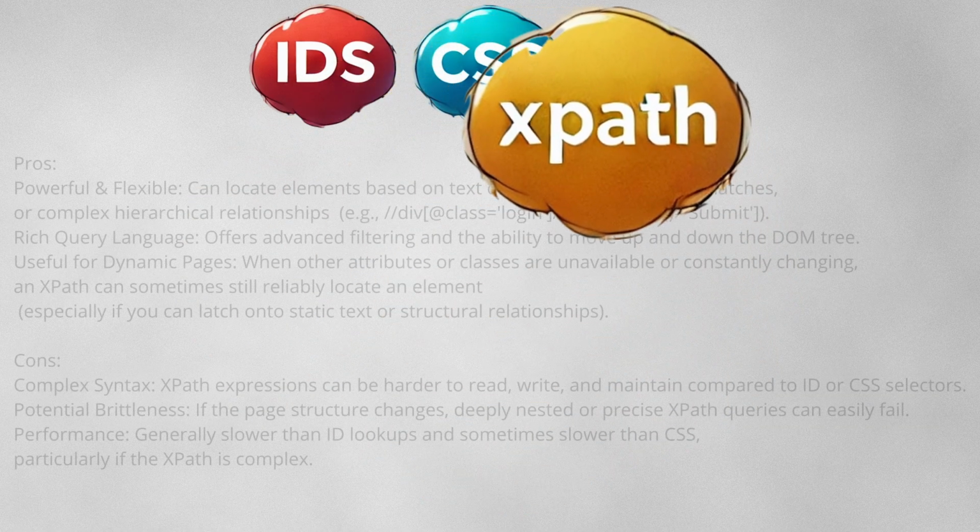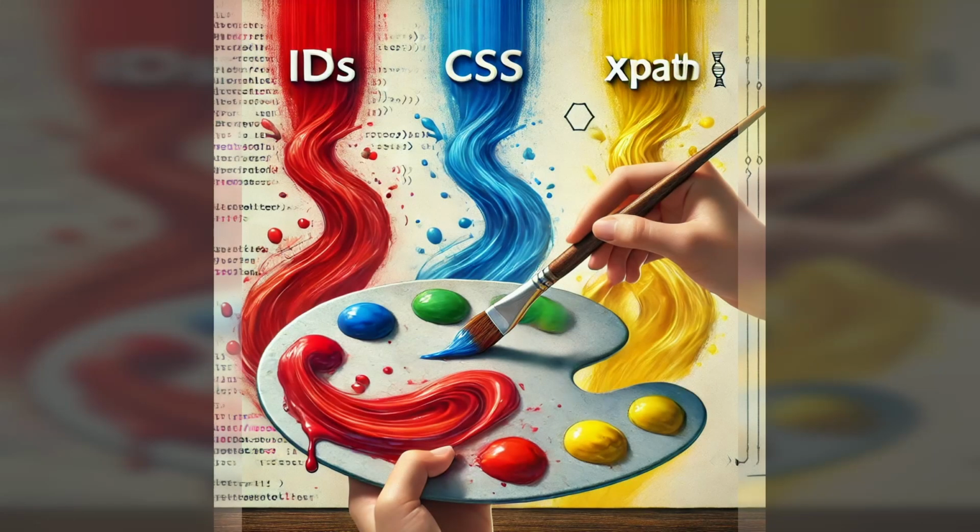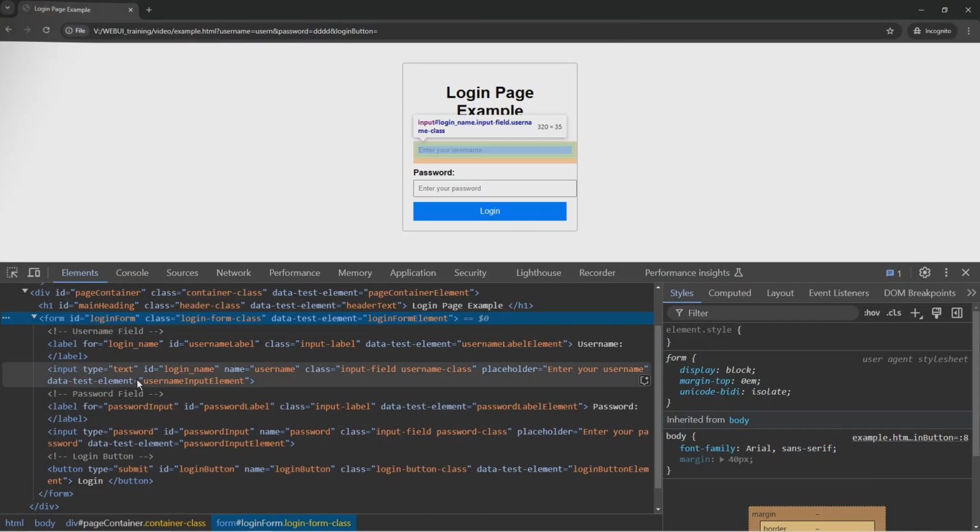Use XPath when necessary. XPath is powerful and can locate elements in very dynamic and complex DOMs, where IDs or CSS selectors fail. However, try to keep XPath simple to avoid fragile tests. By mixing these approaches, you ensure your tests are both resilient to changes and straightforward for future maintenance.